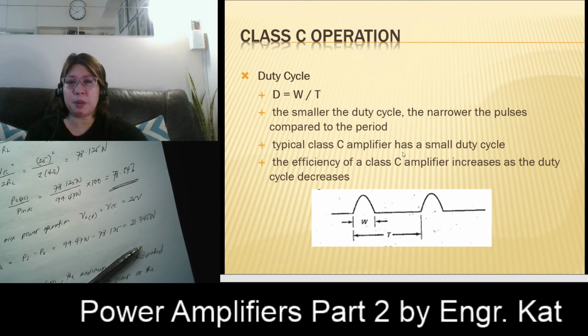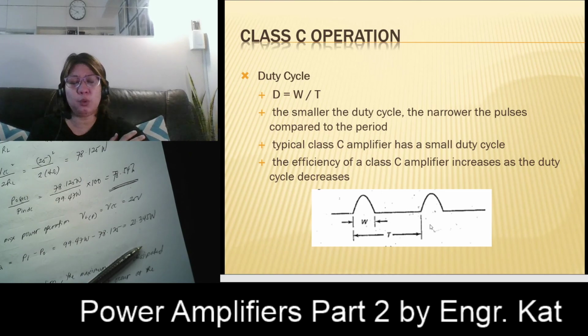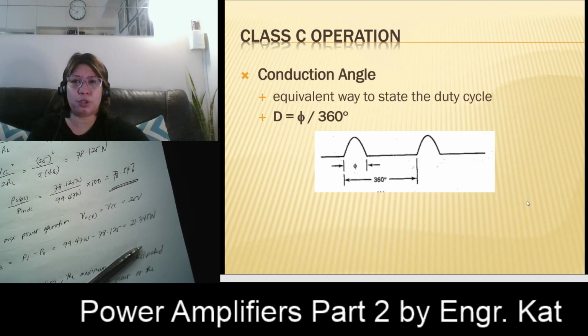A typical Class C amplifier has a small duty cycle. The efficiency of a Class C amplifier increases as the duty cycle decreases. So you can see that the efficiency has something to do with your pulses. Since Class A doesn't have pulses, it has a very, very low efficiency.